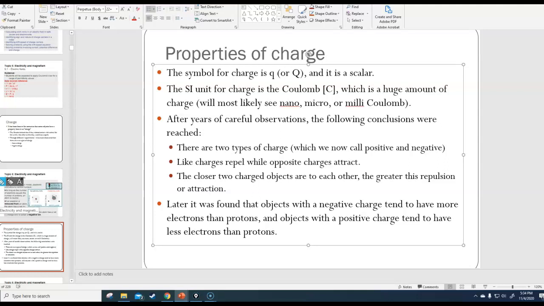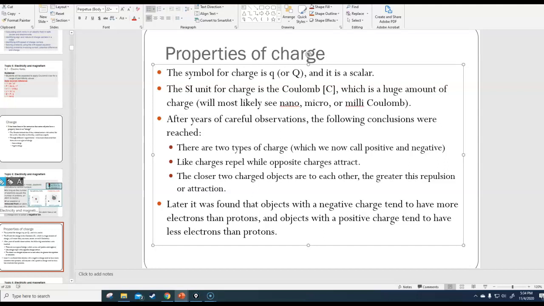Now, after many, many decades of careful observations, scientists reached the following conclusions about charged objects. Conclusion number 1, there are 2 types of charge, which we now call positive and negative. Conclusion number 2, if you have 2 objects and they both have the same type of charge, those objects are going to repel each other. There's going to be a repulsive force between those objects.